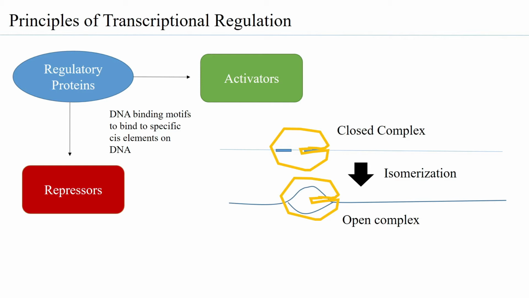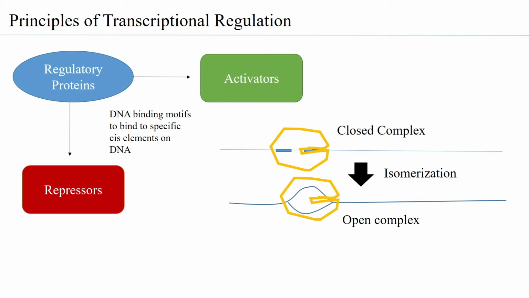Why are we stressing or focusing on this step? Because it is well understood that once the RNA polymerase forms an open complex, then it is committed to transcription. It is going to escape the promoter and begin synthesizing the RNA using the DNA as the template. So this is important.